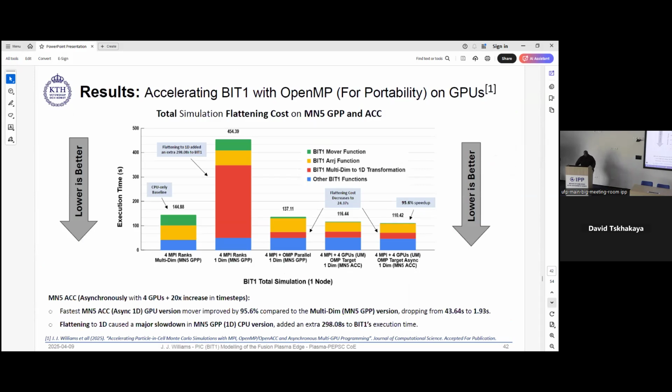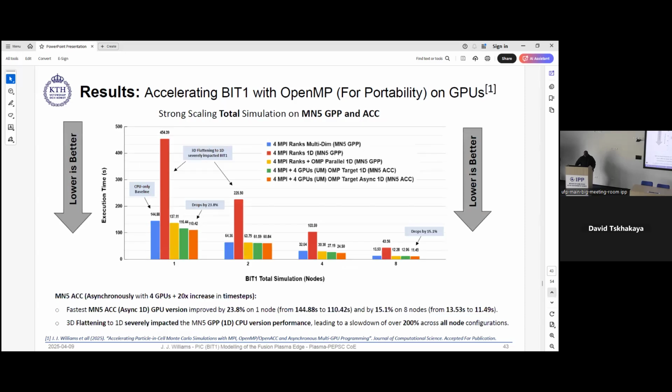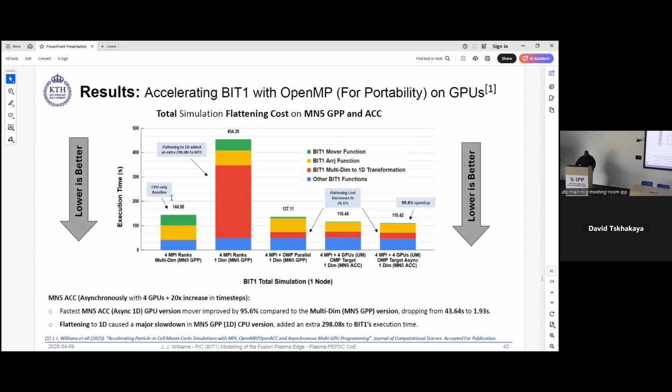So this is actually the most crucial slide. It's the reason why we went ahead and used the other slides, with the weak scaling and so forth. What this shows is BIT1, where it says 4 ranks and multidimensional, running with 2 times the amount of time steps.